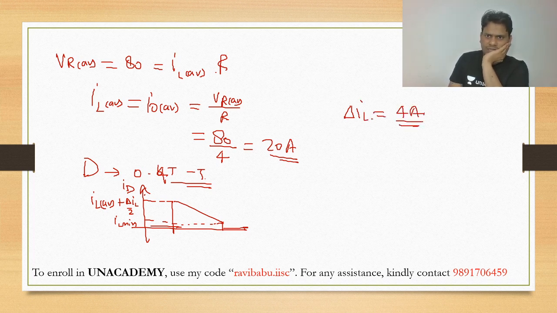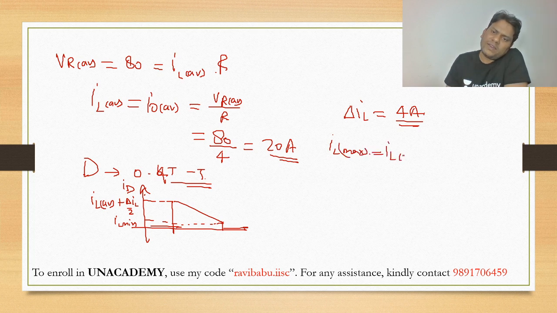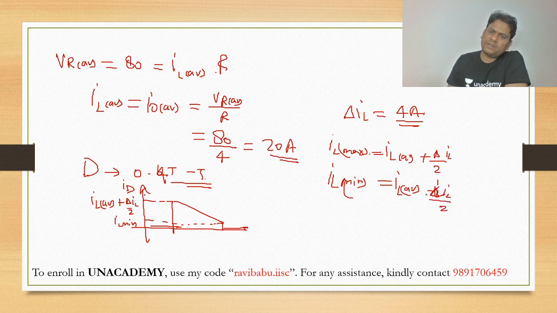So you can calculate IL max is equal to IL average plus del IL by 2, and IL min is equal to IL average minus del IL by 2, okay.